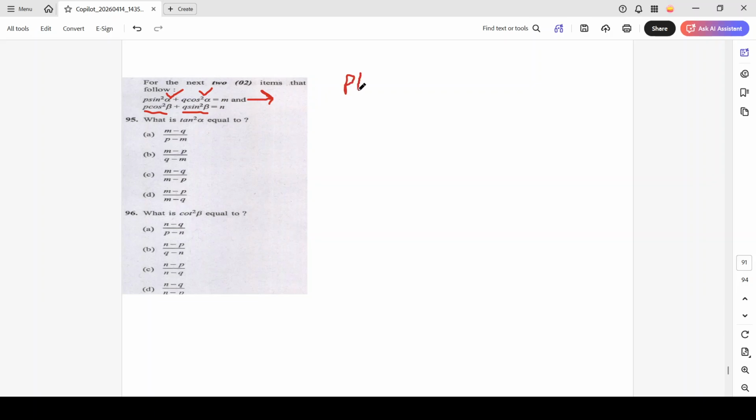P times 1 minus cos square alpha plus Q C square, writing cos square alpha as C square, is equal to M. So this is P minus PC square plus QC square is equal to M.